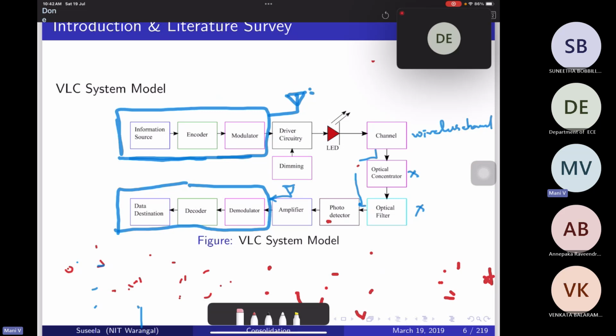The purpose of modulation is also a well-known topic. Why do we need modulation, right? Then after the modulator, we use the driver circuitry, because I am eliminating the antenna and using a driver circuit and LED as my transmitting system. We are not using any antenna.